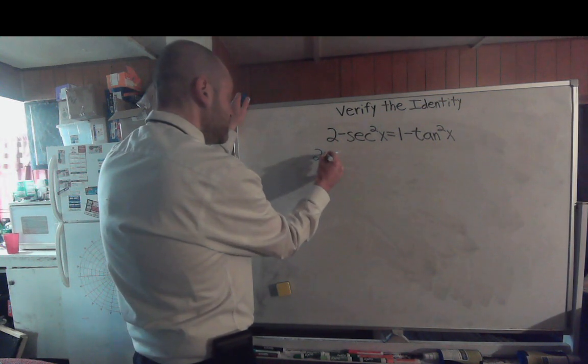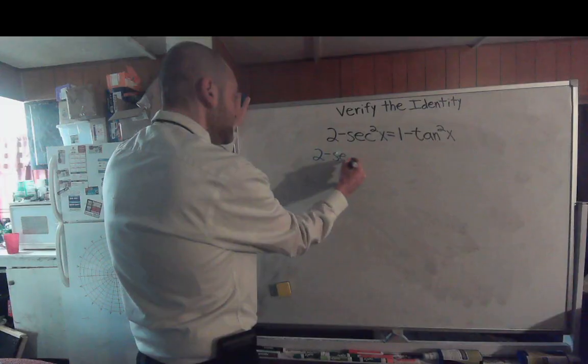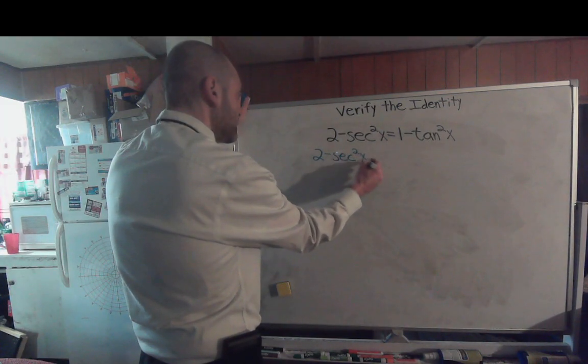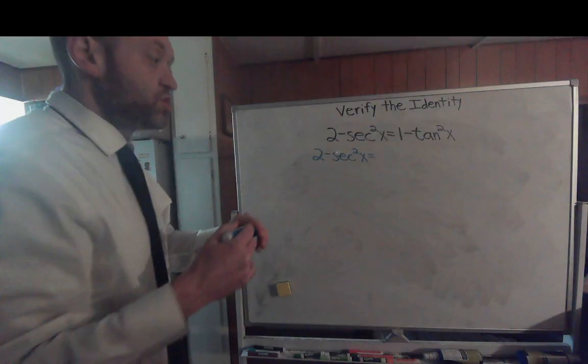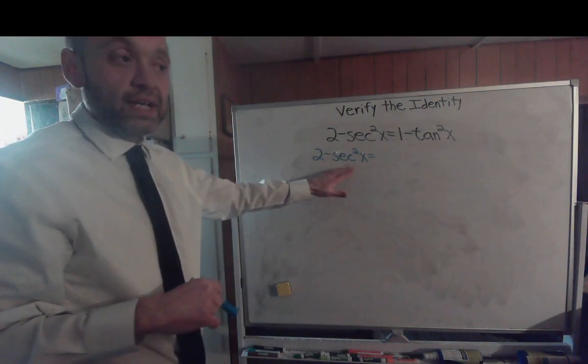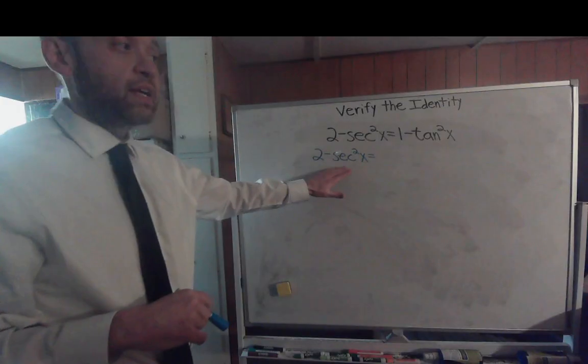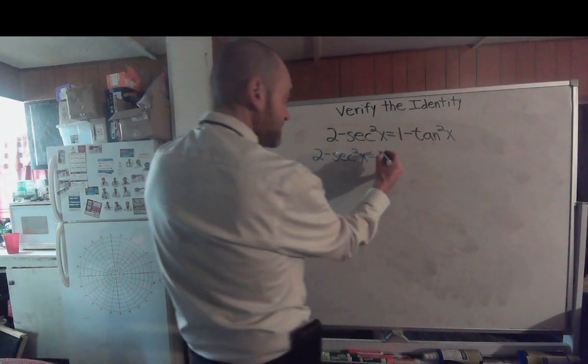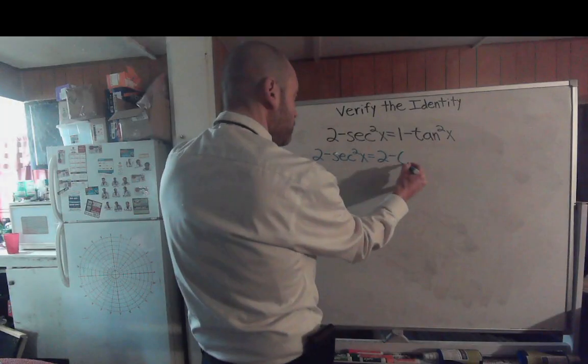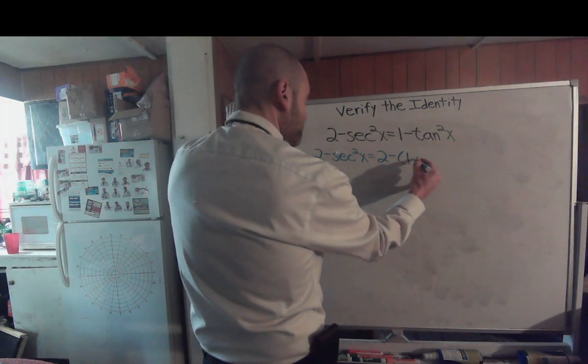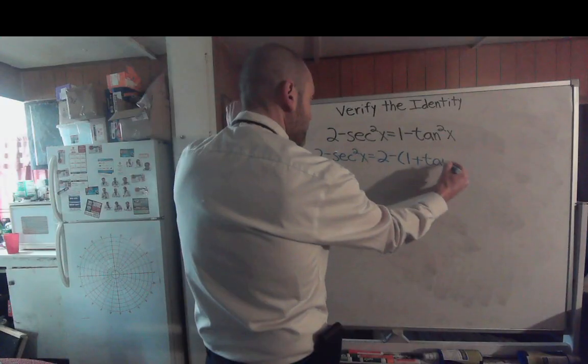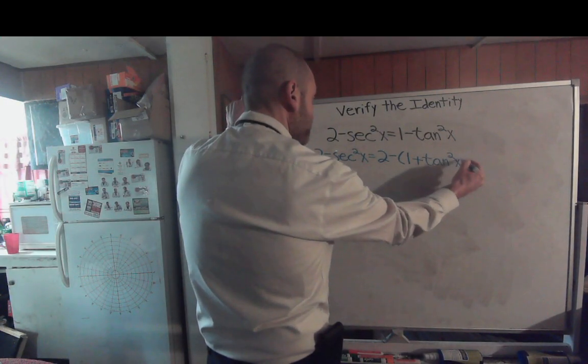So you have 2 minus that secant squared of x equals, now, do we remember from the last lesson, what is the secant squared of x? That's 1 plus tangent squared, right? So this would equal 2 minus the quantity of 1 plus the tangent squared of x.